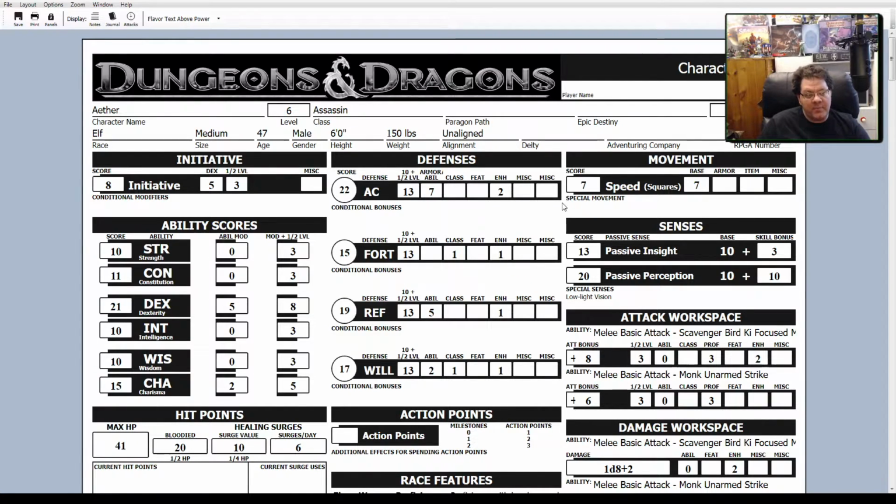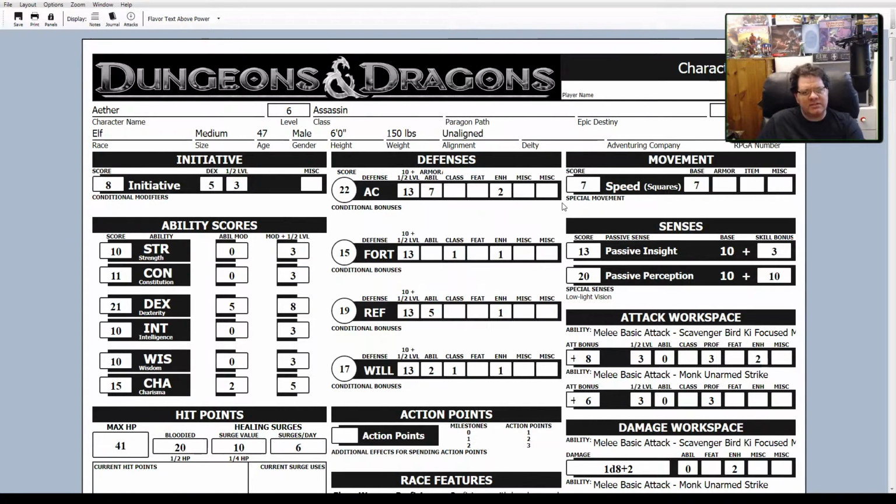I actually built him as an assassin, which the assassin class was one of. They had kind of a 4.5 version where they were called Essentials characters, and they were designed to be a little bit more simple. You didn't have quite as many different powers you could choose from, and they in general were easier to run at low levels.